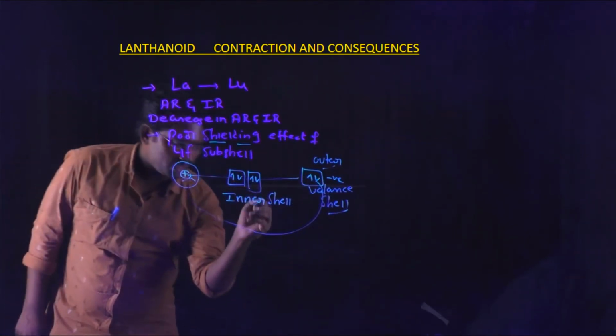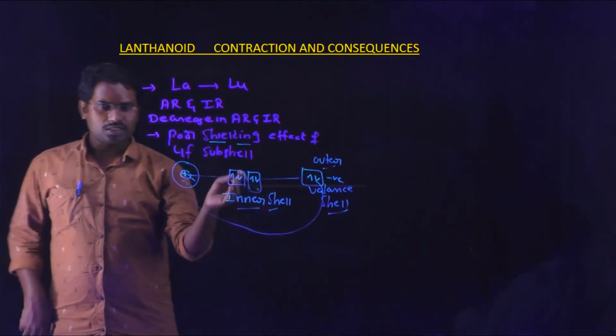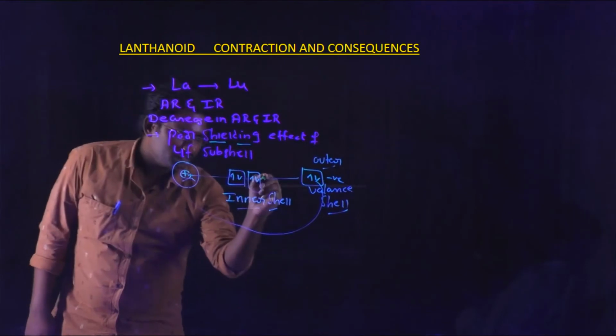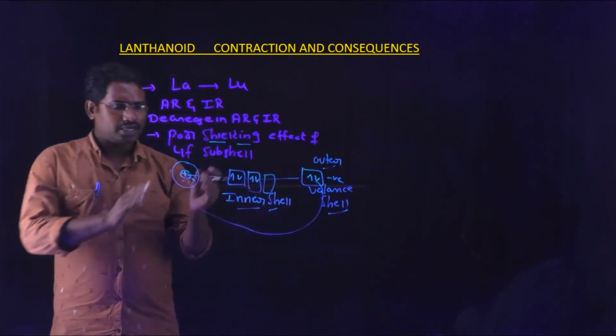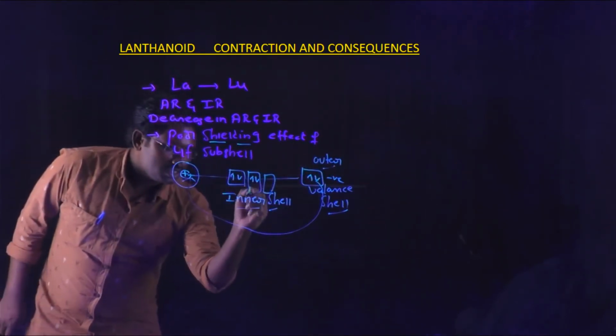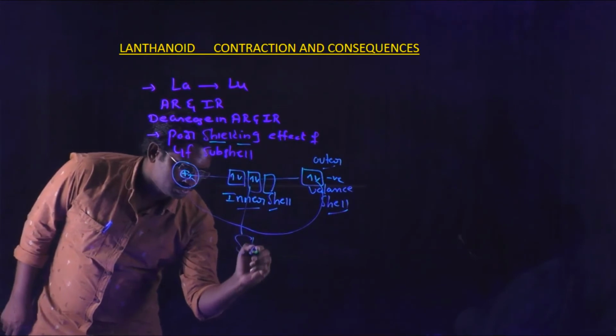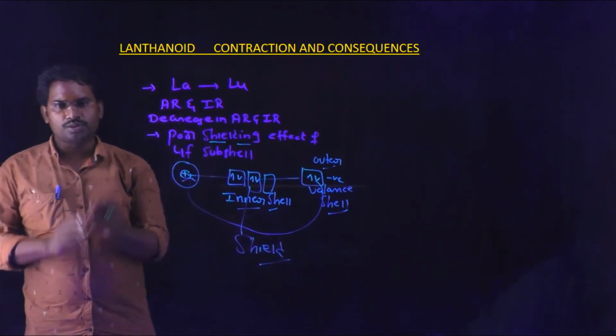So what is the role of inner shells? Some electrons are present in the inner shells, but these inner shells play a main role in the interaction between the nucleus and valency shell, because they can act as a shield. Shield means protection.